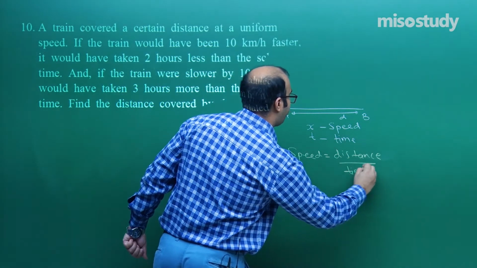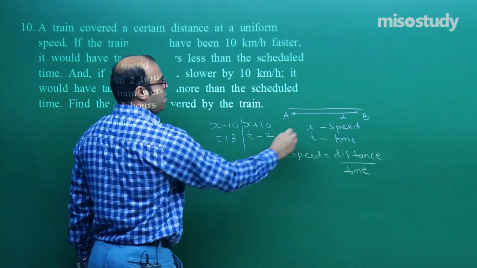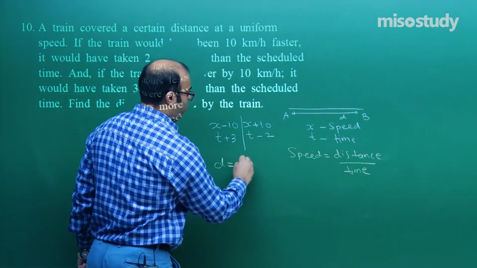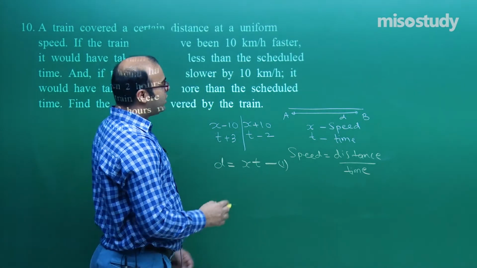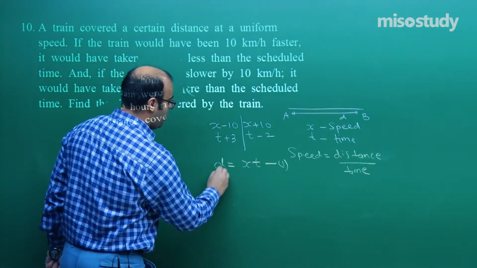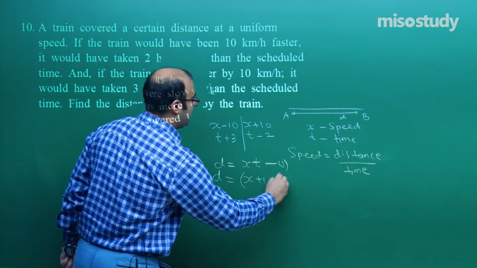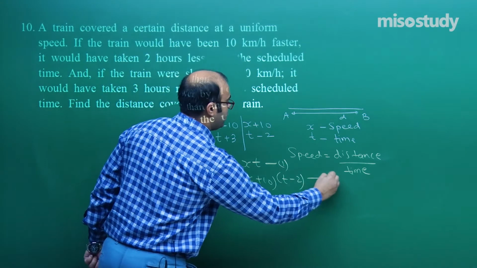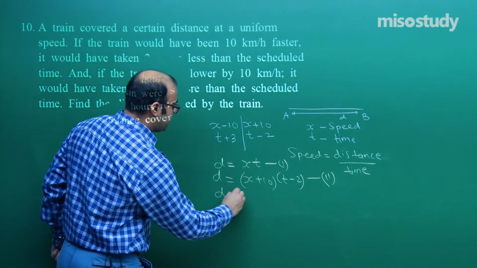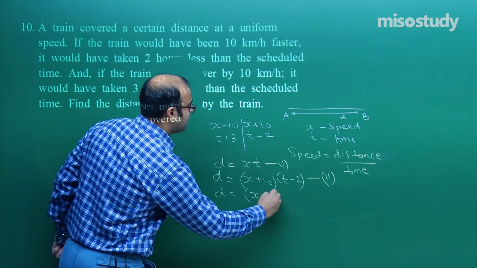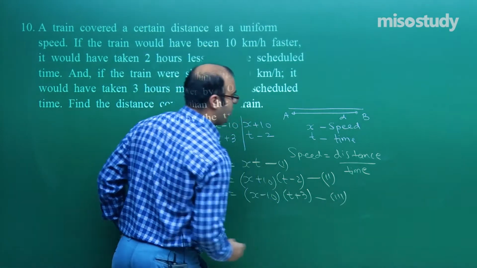So for this distance d, we have the speed into time formula as x into t. This is the first equation. Now for the same distance d, the speed is x plus 10 and time is t minus 2. This is the second. What is the third situation? If the same distance is to be covered with x minus 10 speed, then t plus 3 will be the time. This is the third equation.